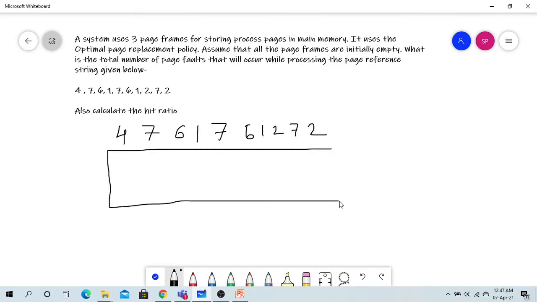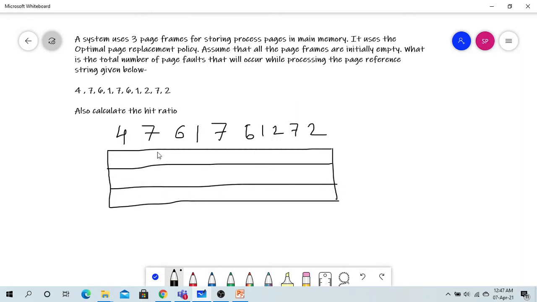This main memory is divided into 3 parts, or we can say 3 frames, and we will draw the 10 slots as we have 10 reference numbers. We are going to solve this problem with the help of the optimal page replacement algorithm.